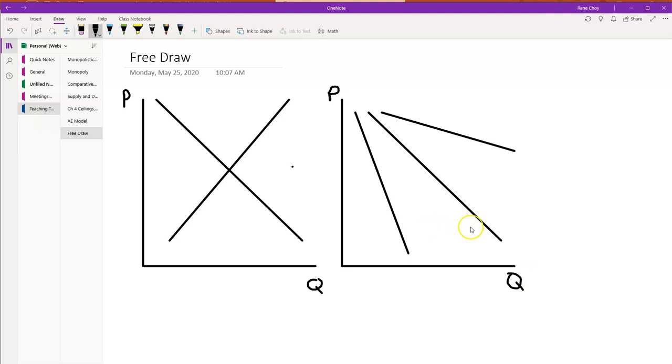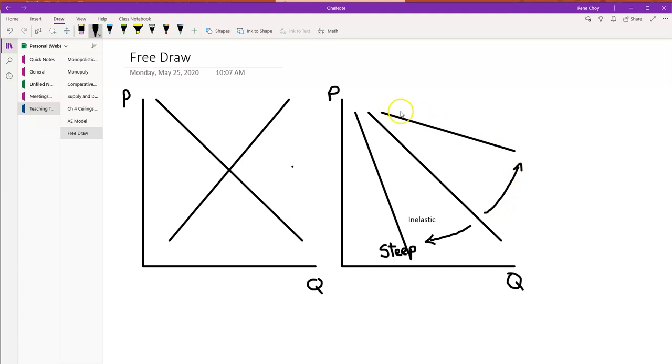Now, when the line is more steep, in the case of this line, then we call that inelastic. So the steeper the line, the more inelastic it is. And then the flatter the line, and again, think about that as being like somebody walking up the hill.